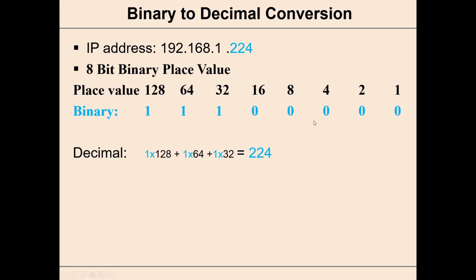That's all. The rest of the binary bits are 0, so there's no contribution to the decimal number. Add them up, and we get the decimal number for this 8-bit binary, that is 224. We will need this conversion technique to do the subnetting.